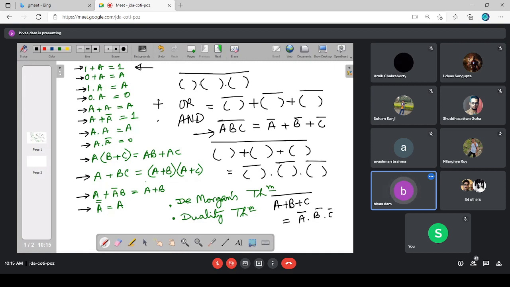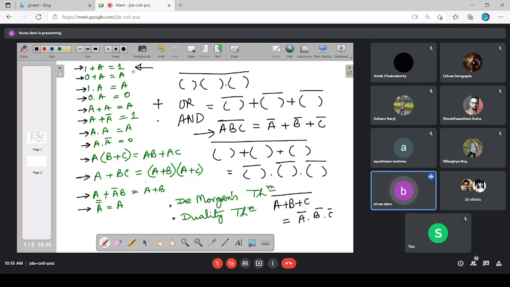So in case of 0 plus A, what will be the output? A only. Now, true and A, that is 1 and A. Once again, the value of A may be either 0 or 1.